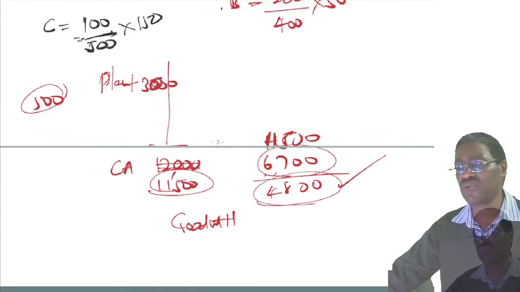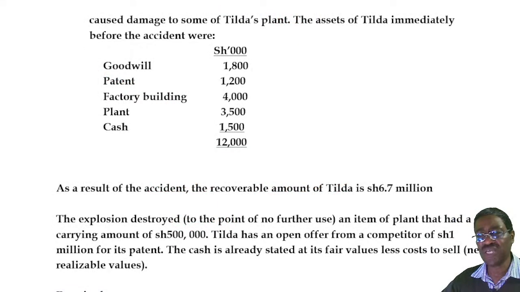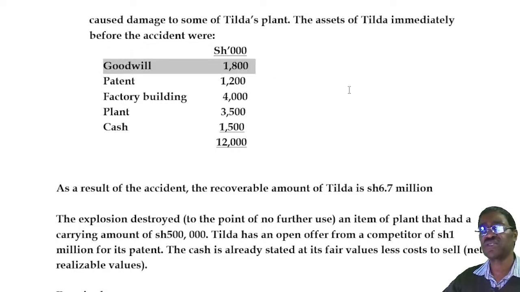Let's go back to the question. Along the list, you can see goodwill is given as 1.8. Remove it. Are you there? We remove that goodwill, 1.8.